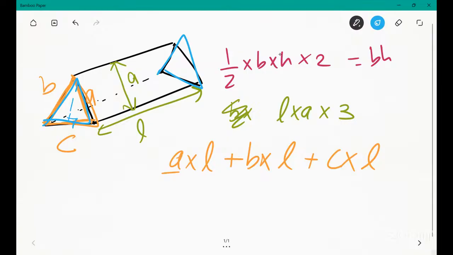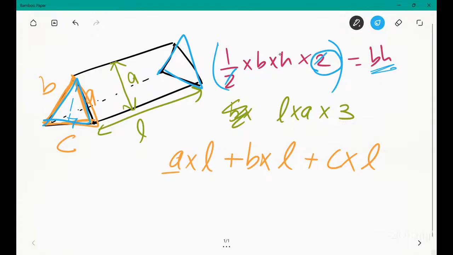You know the area of a triangle is half into base into height. You have two triangles, therefore I multiplied by 2. In the end you can simplify and write it like this, or keep it like this and simplify later, depending on how you want to do it.